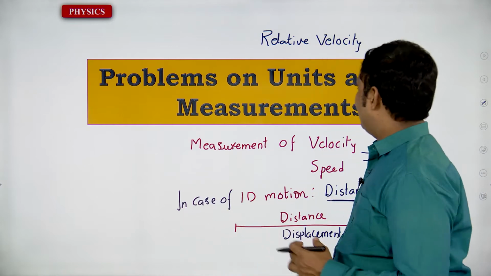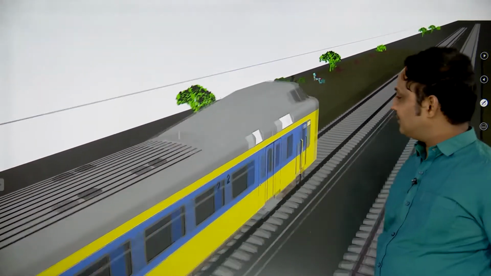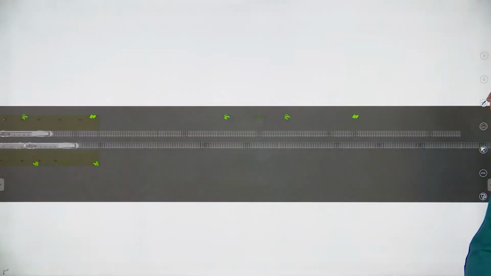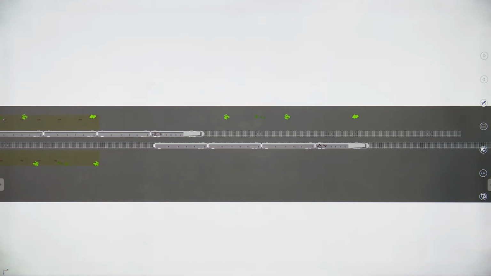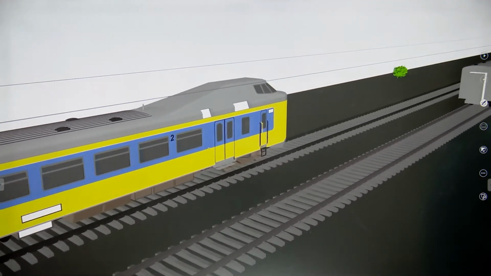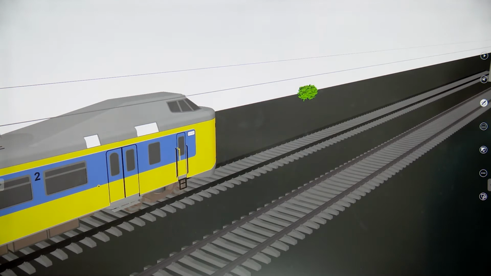This is one example. Let's see. If you identify that these two trains are going to move, all right, it's very clear, you can measure that. You can compare those velocities.